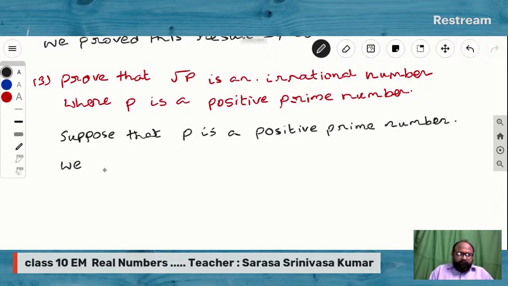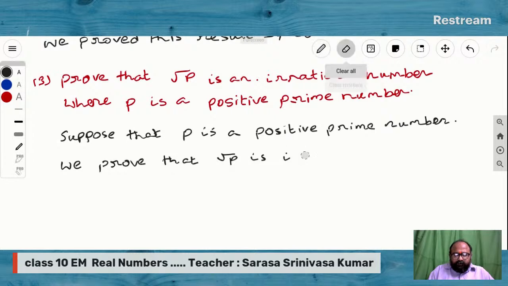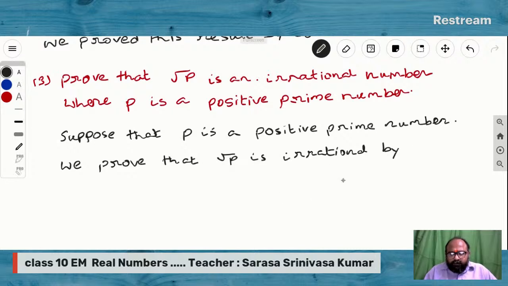We prove that square root of p is irrational by contradiction method.